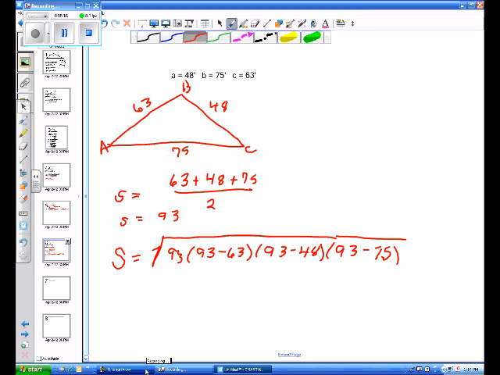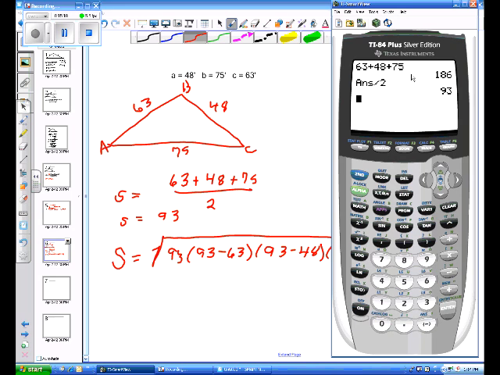And we'll just use our calculator for this. It's going to be the square root of 93 times 93 minus 63.